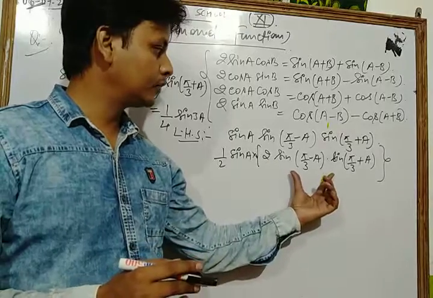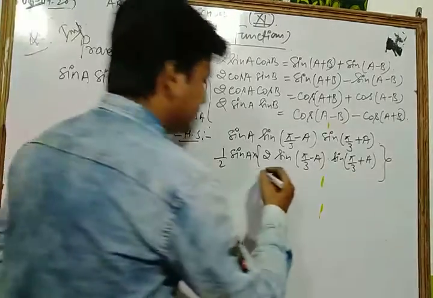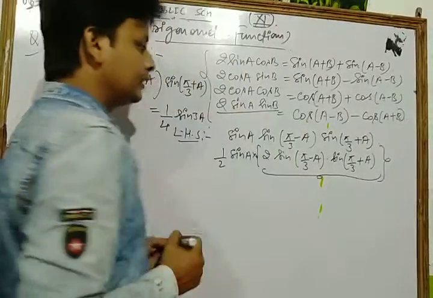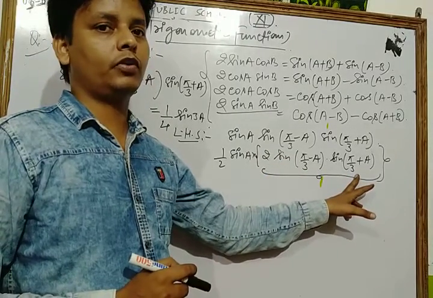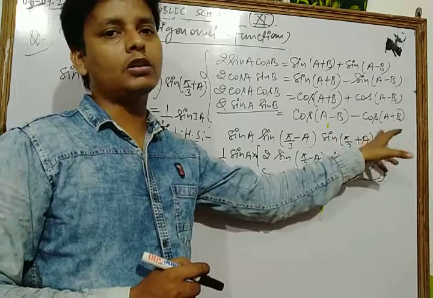Now this part of the question is based on these identities. 2 sin A sin B: what is the formula of that identity? That is cos(A minus B) minus cos(A plus B).